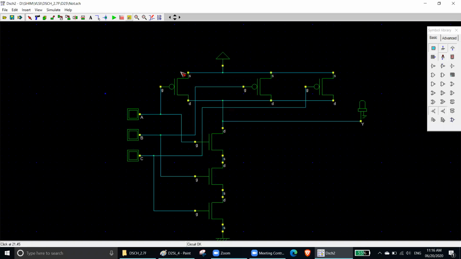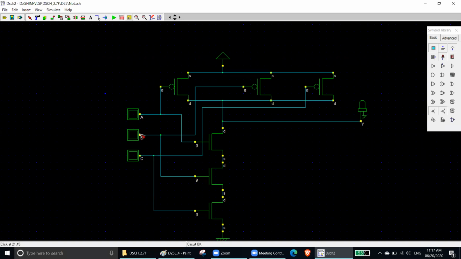That's it actually. So you have three inputs, right? So A, B, C, they will be there. For one input, you have one PMOS, one NMOS, another one PMOS, one NMOS, another one PMOS, one NMOS. PMOS will be in parallel, NMOS will be in series. So when you had one input, you had one PMOS, one NMOS.